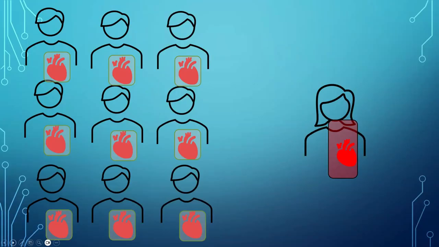This patient does not have cardiomegaly. Maybe because of the training data, it's not recognizing breast tissue appropriately. Maybe there are other factors in the acquisition that are causing this error. But because there was not enough diversity in the training data set, and you're seeing this disproportionate number of errors, this would be an example of algorithm bias.